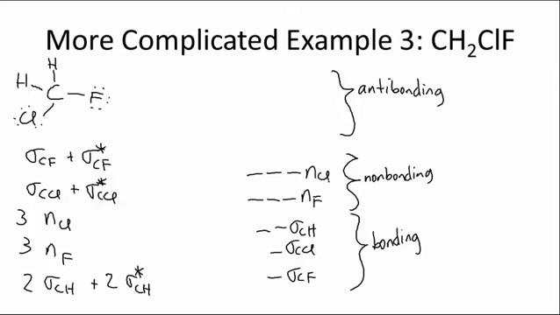Then for antibonding, this is where it throws people because people like symmetry. And so people often want to do the reverse order on top that they had on the bottom, but it's not. The lowest energy one would be sigma star CF, followed by sigma star CCl, and then sigma star CH.